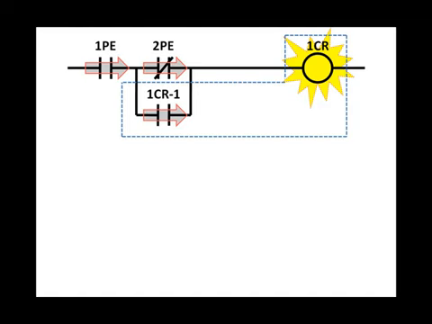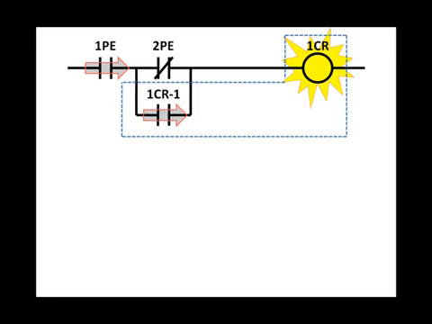The only method of de-energizing this relay is when photo I1 normally open contact, that's 1PE normally open contact, goes false, thereby dropping out the 1CR coil, which sends 1CR-1 back to the normally open state.